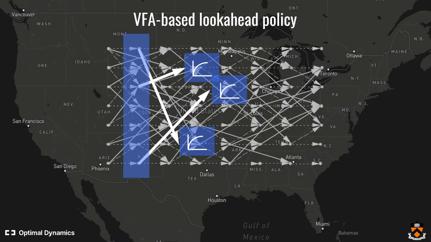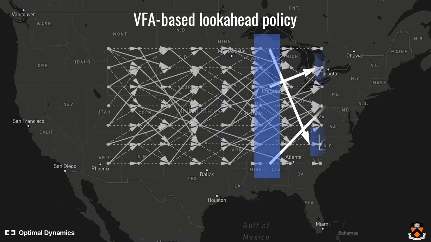Those are value function approximations. So we're using approximate dynamic programming to approximate the value of drivers in the future. We're using the VFAs to help with dispatching drivers, and we are going to simulate the dispatching of drivers. So given the VFAs, we're going to walk into the future running a simulation.